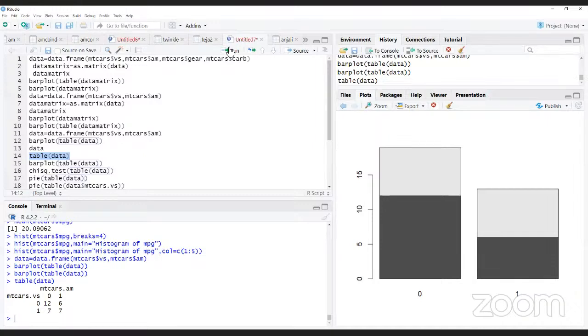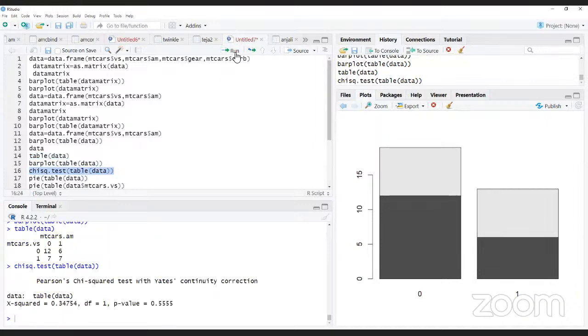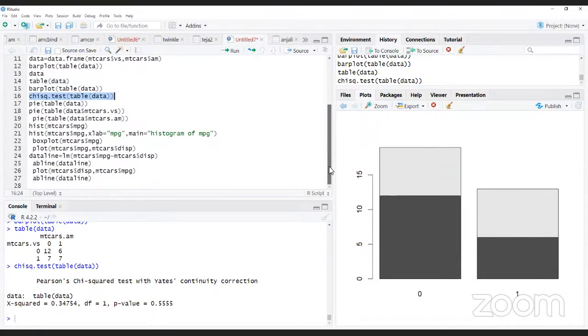So please click number 16. Yeah, so now I find that there is no significant difference between the two categories of variables. So this is the stacked bar chart.